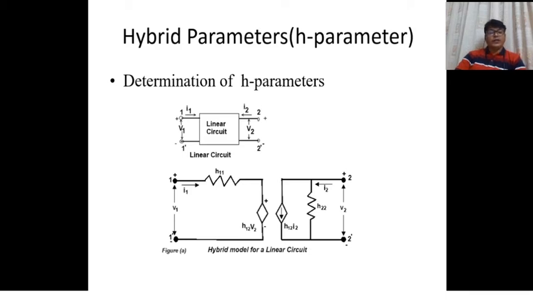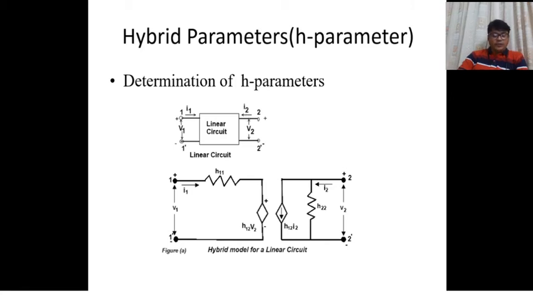I have shown you a linear circuit here. In the first circuit, the input voltage and input current are labeled V1 and I1 here. I1 is the input current and V1 is the input voltage. It also has an output voltage and output current: V2 is the output voltage and I2 is the output current.